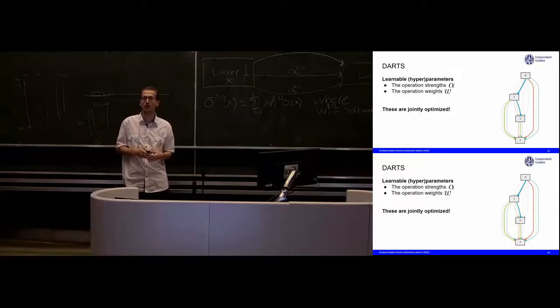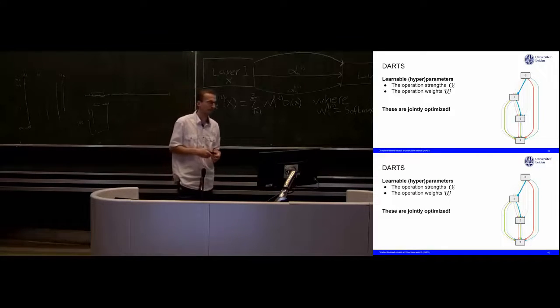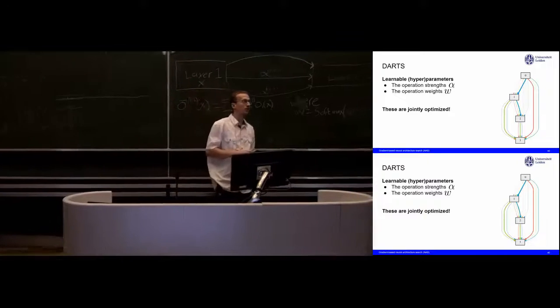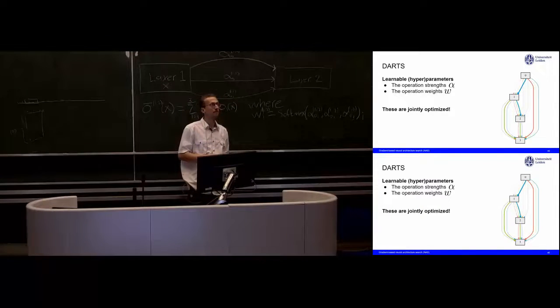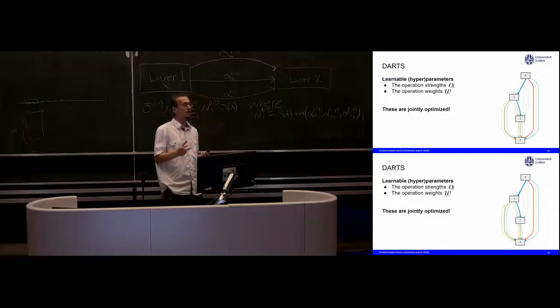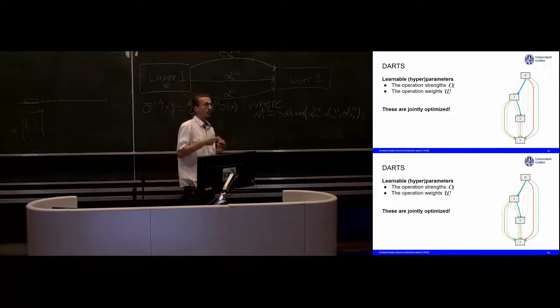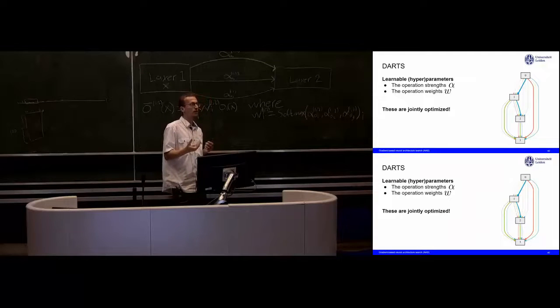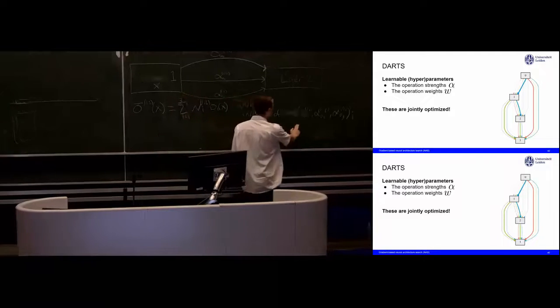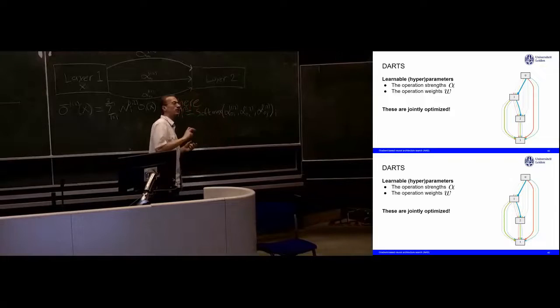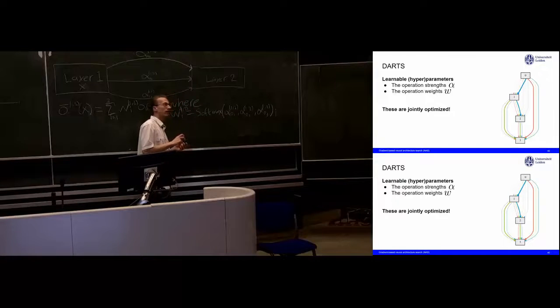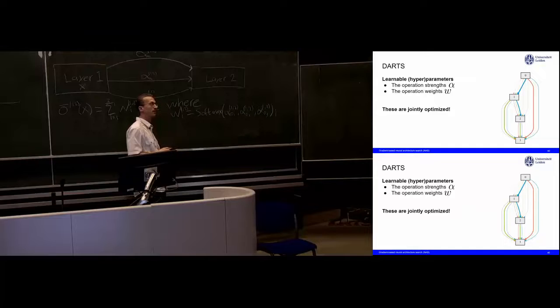Very good remark, thank you. I see there's another question. No, the operation strengths are just scalars, just single numbers. But because of this softmax operation, we normalize them to be between 0 and 1. And this also ensures that the sum of the different Wi will also be equal to 1.